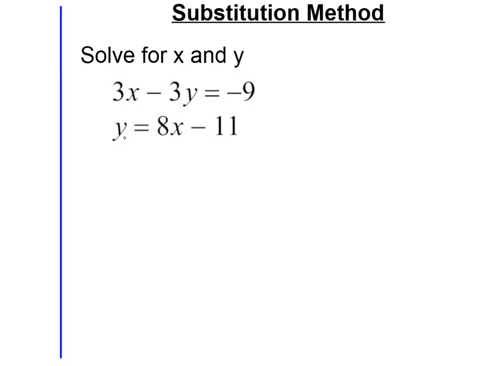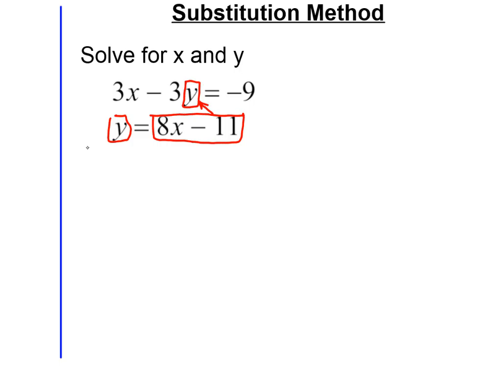The second equation has a y, and this y is equal to 8x minus 11. There is the same y next to the 3 in the first equation. So I'm going to plug all this information into that spot, since that y is equal to what the y in the second equation equals.